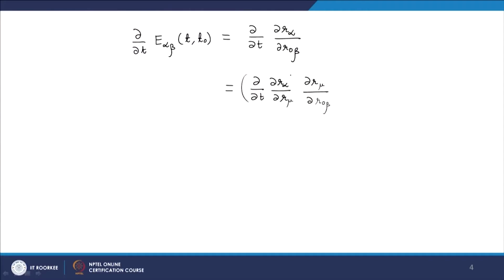So, if I look at the first term, I can move the derivative with respect to time inside, and then we have velocity v alpha coming in there.